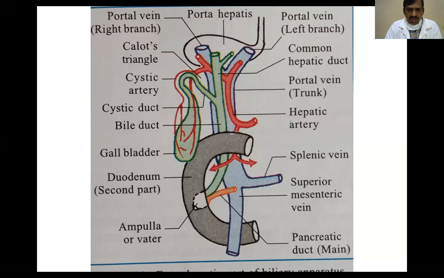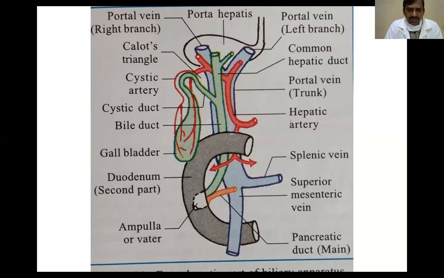If the person has a complaint of pain or tenderness at the tip of the ninth rib, that means he is suffering from cholecystitis. It produces tenderness. That sign is called Murphy's sign.